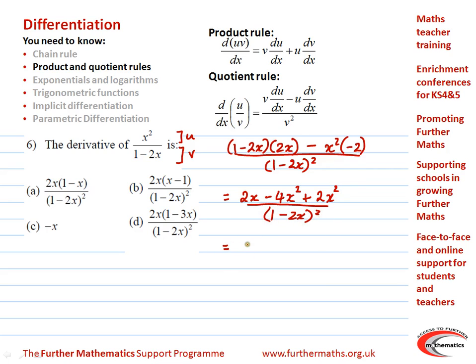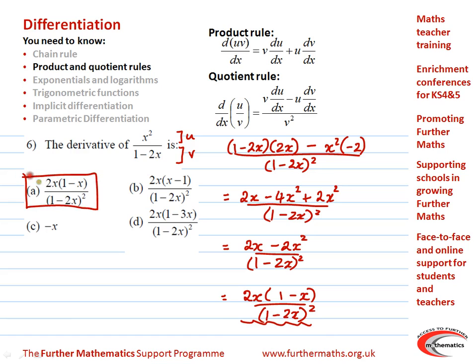Let's simplify that top line a little bit: 2x-2x^2 all over (1-2x)^2, and we can factorise just to tidy it up a last little bit. 2x outside the bracket, 1-x inside the bracket leaves us, and the bottom line (1-2x)^2. Okay, so that's our answer in there, and I think you can spot that that matches nicely with answer A.